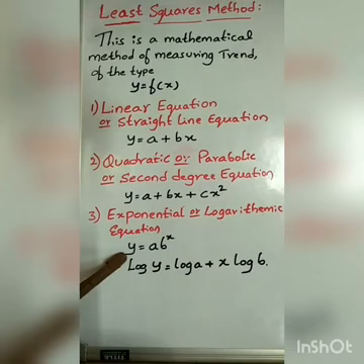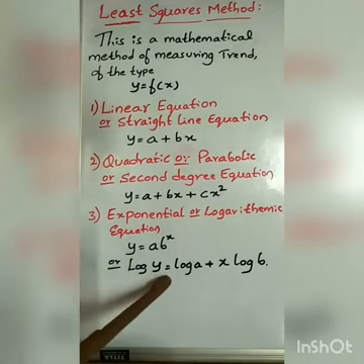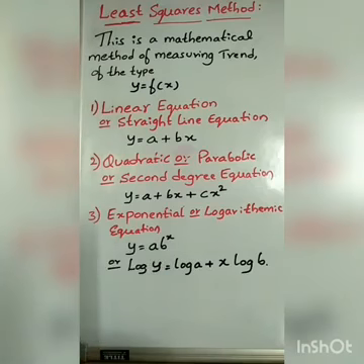Here if you apply log, then it will become log y, and here log a, and once when multiplication is there in terms of log, you will be taking plus, x log b it would become. That means log y is equal to log a plus x log b.